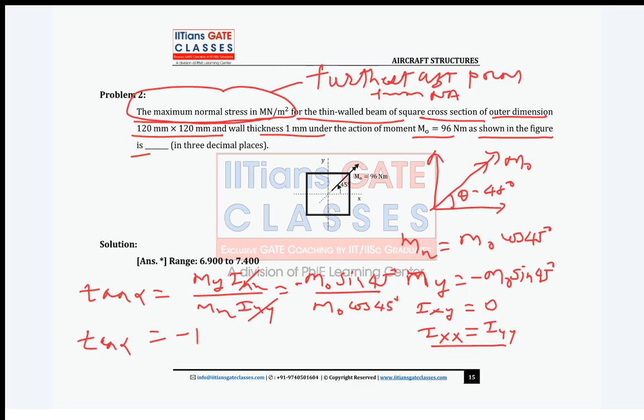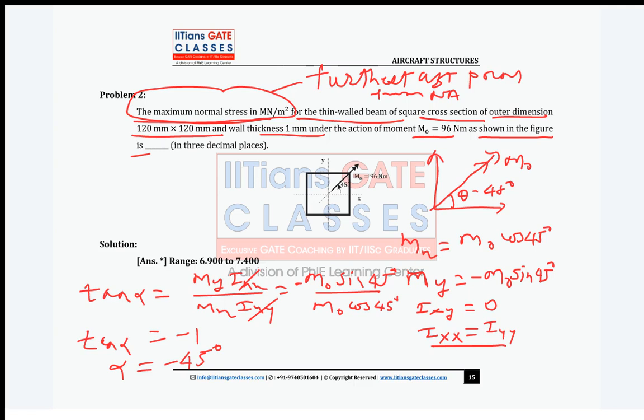Again you are doing it wrong, Ravi. That's the mistake people make. Okay, so it is minus 1. Means what? Alpha is how much? Minus 45. So if minus 45, what does it mean for the angle?